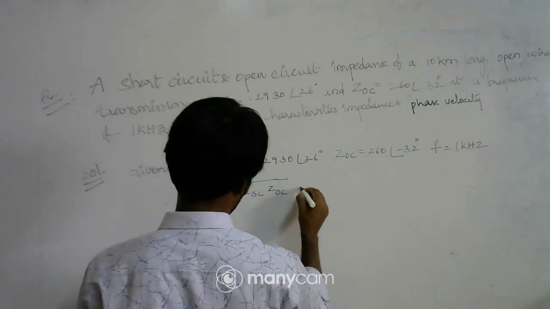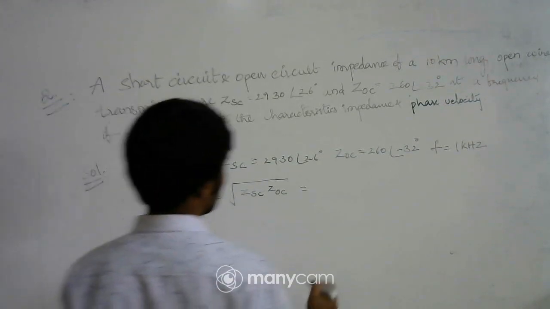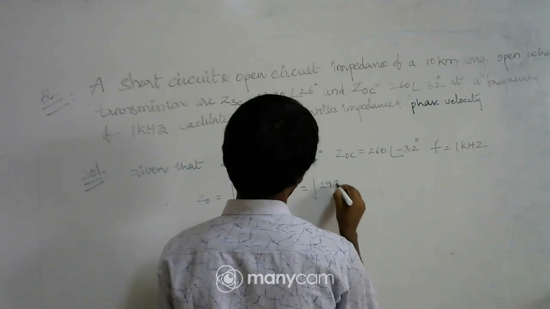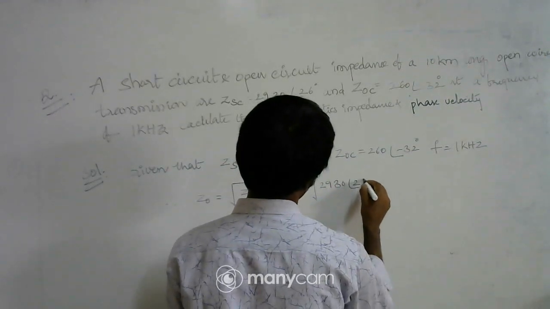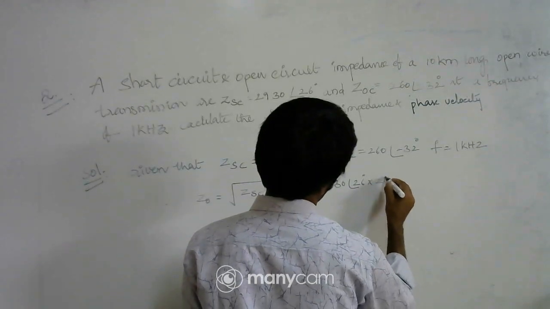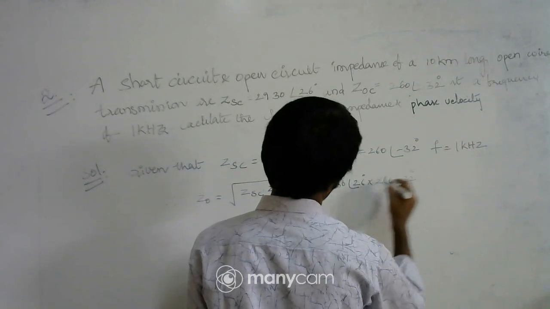Substitute the values: square root of 2930 angle 26 degrees times 260 angle minus 32 degrees.